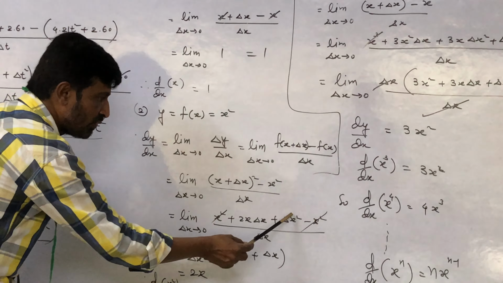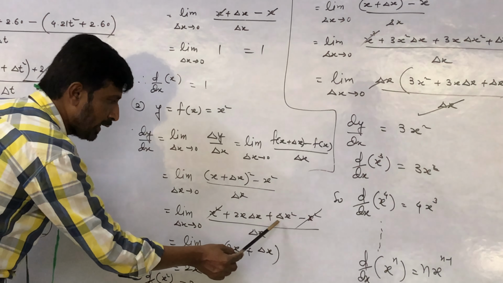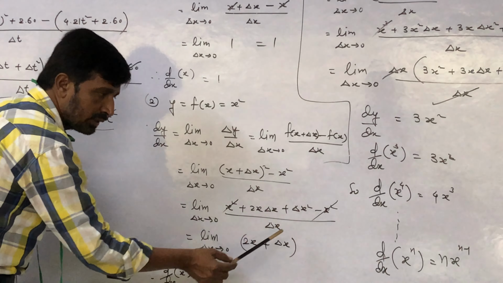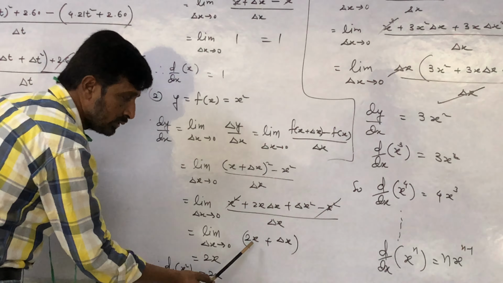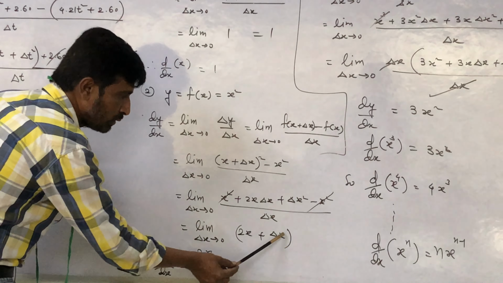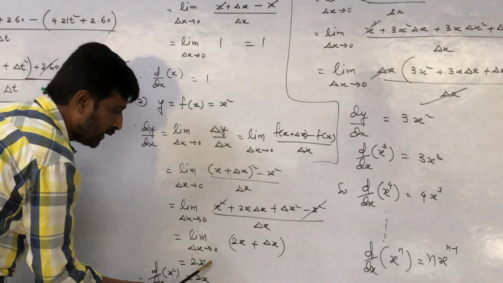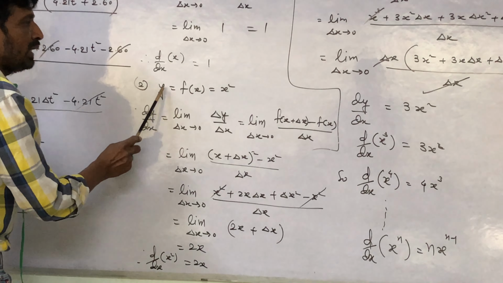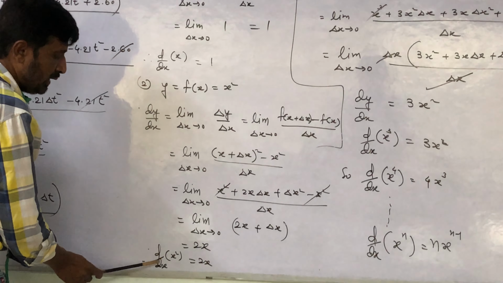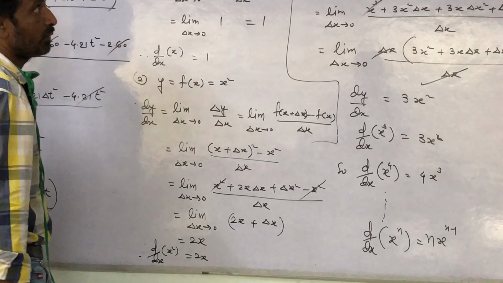Cut out. After taking common, we get 2x plus delta x. Delta x cuts out. So the 2x term is constant because we are considering x constant. Delta x is a variable quantity. As delta x tends to 0, it is going towards 0, so the expression goes towards 2x. So dy by dx is 2x. But what is y? y is x square. So d by dx of x square is 2x.